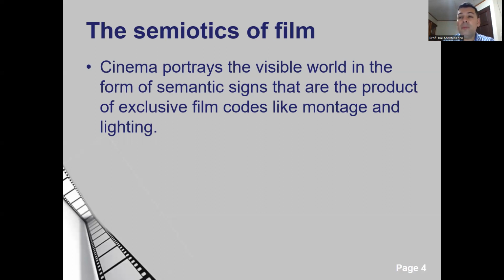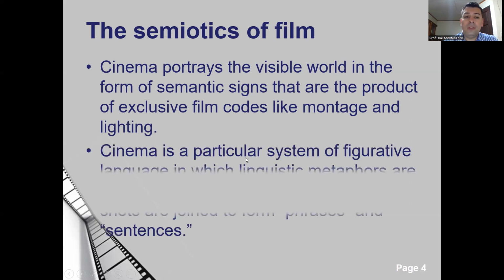So we see a dark room and there are emotions that are communicated by that, or whatever the character is experiencing in that room may also be communicated through the lighting, for example, light or lack of light. So cinema portrays the world using signs and communicating through those codes.